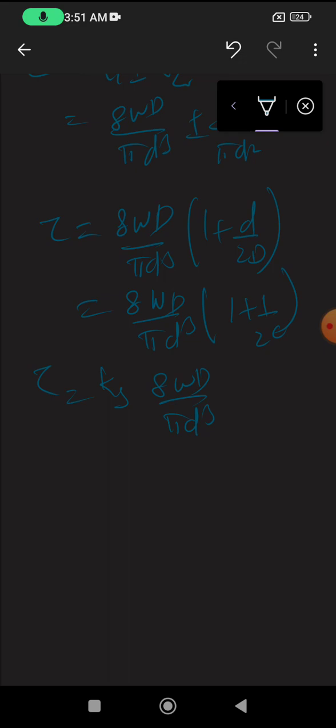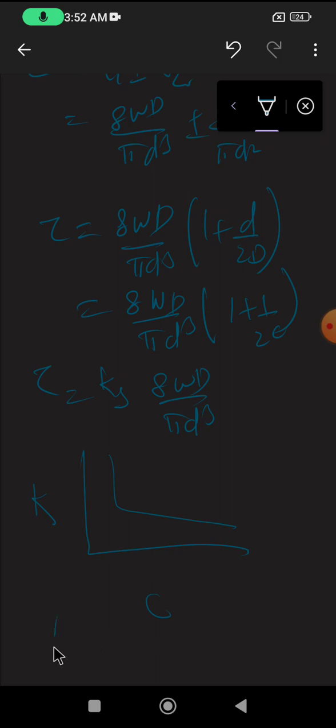The resultant diagram of the torsional and direct shear stress is spring index C versus shear stress factor K. As the spring index increases, the stress factor decreases.